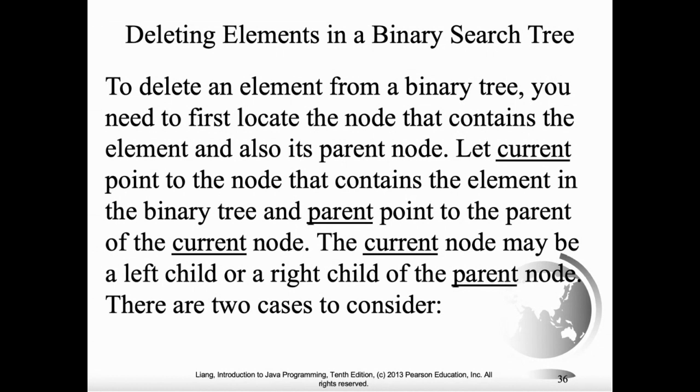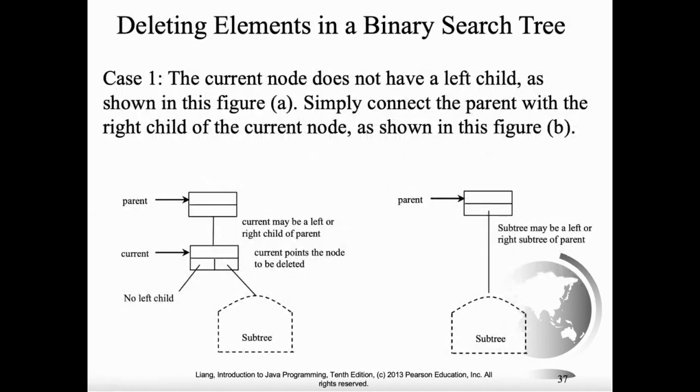So when you're trying to remove, there are different scenarios that can happen. We're going to go through the scenarios first, and then we start writing code for them. The first scenario, we call it case one, is the case that the node you're trying to remove does not have any left children.